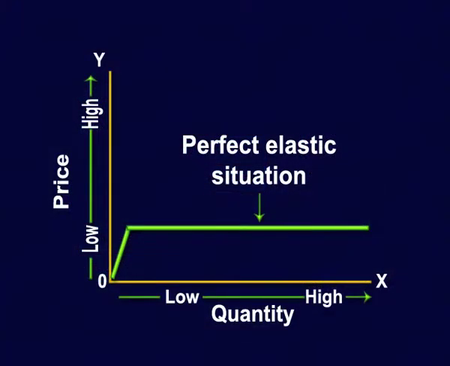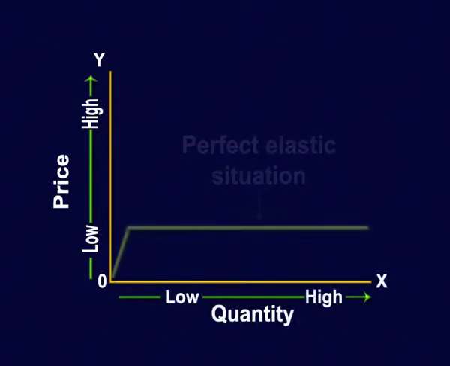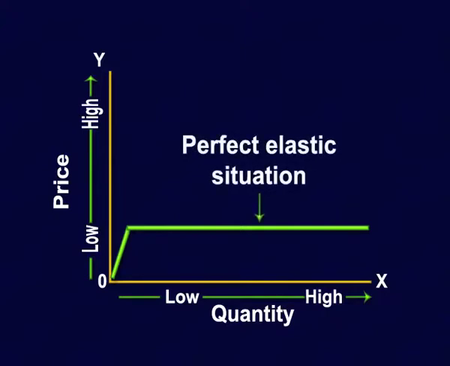If we look at the graph, with price on the y axis and quantity on the x axis, a line parallel to the x axis, starting from 0 and going towards infinity in the right hand direction, denotes the perfectly elastic situation, wherein quantity demanded increases greatly with respect to a very insignificant change in the price of the product.